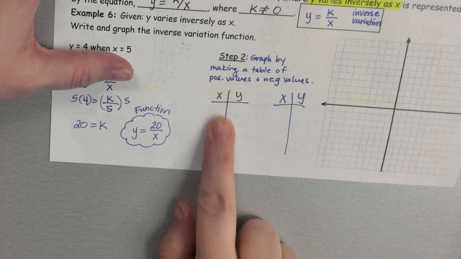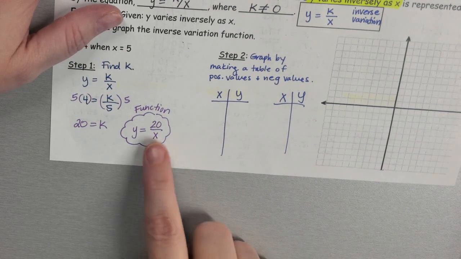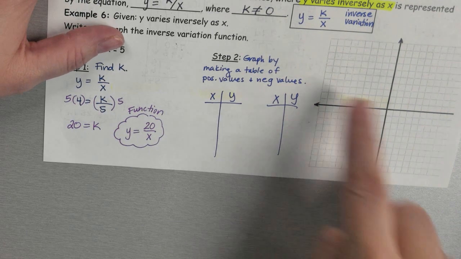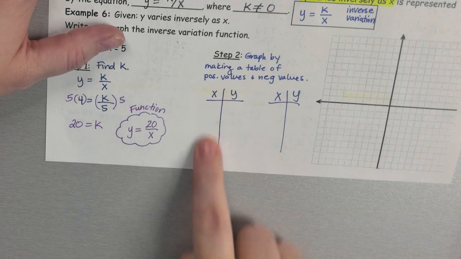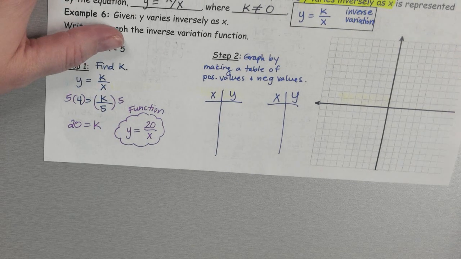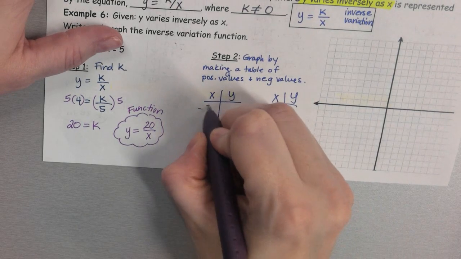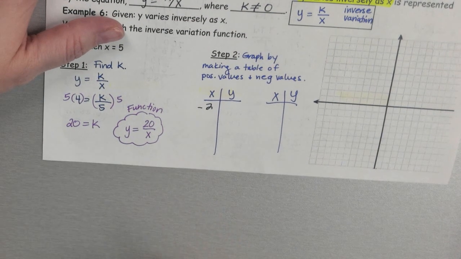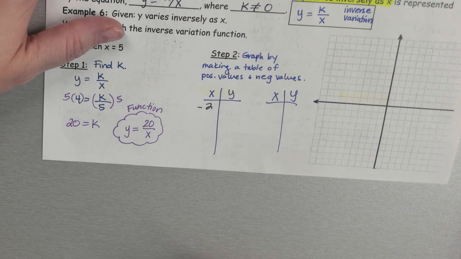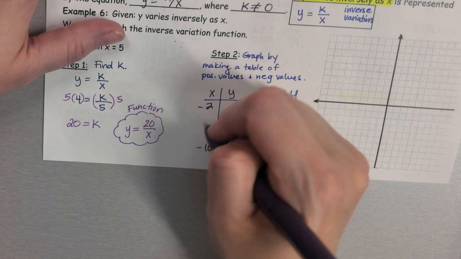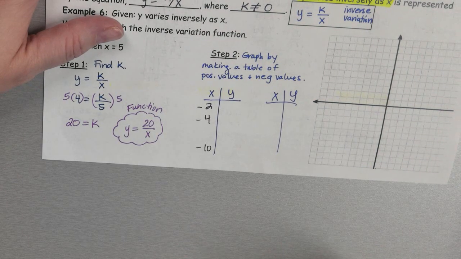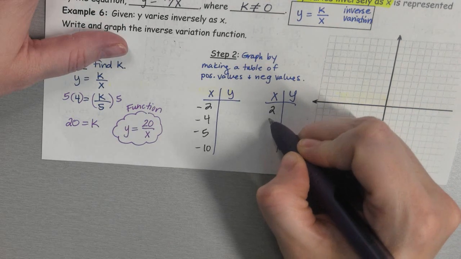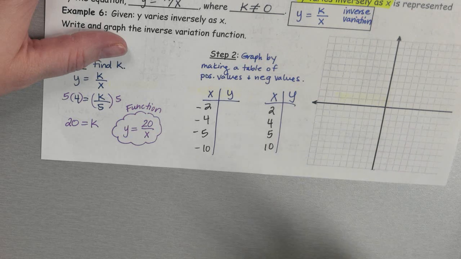Now if I'm doing this without a calculator, I want to pick values that are easy for me to compute. And then I have a 10 by 10 graph here. So I'm going to do the negative values first. I'm going to start with -2 because I can divide that easily. What's another value that would divide into 20 easily? -10 is one. Yeah, I heard -4 and -5. So then for the positive, we're just going to do the positive values of the same thing.